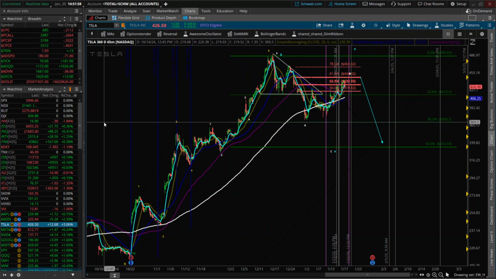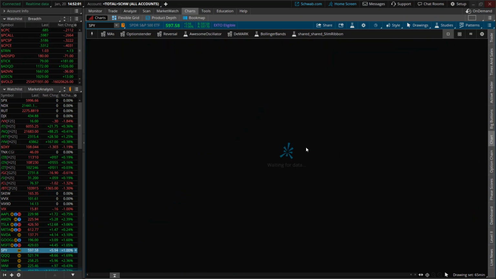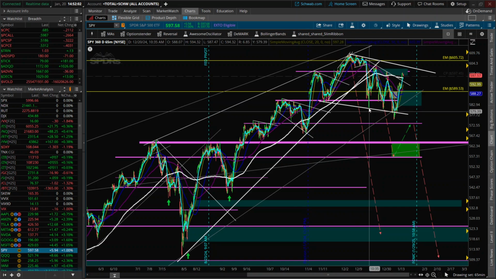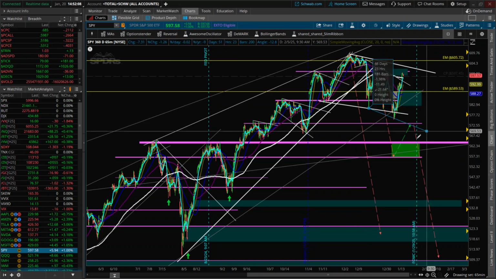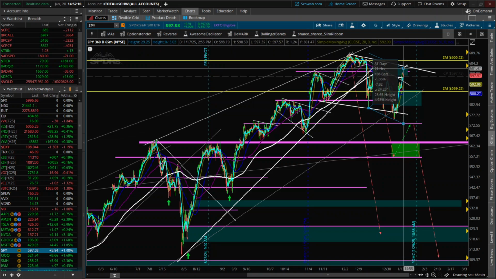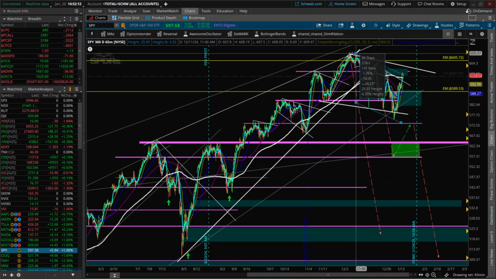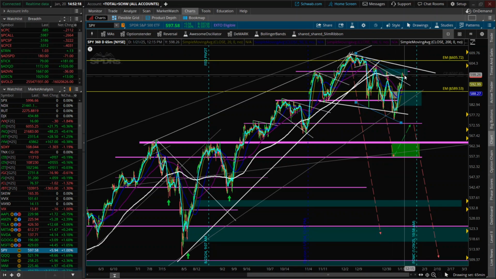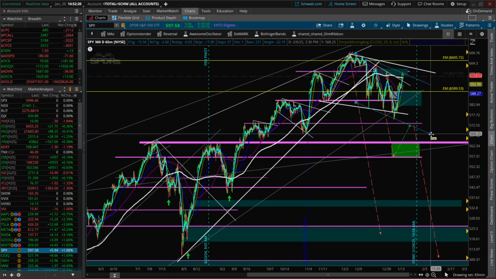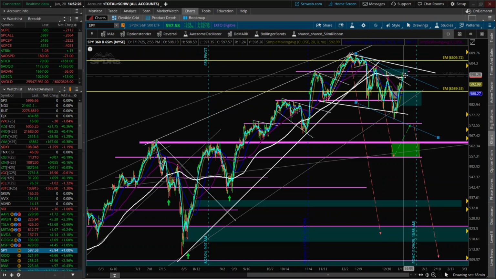So all right, now we're looking at SPY also, and I'm going to play around with this because maybe we can get a channel here that equals that same one, just like we did in the futures, where we're possibly already at the top of it. All right, so that's a possibility right there, that we're already at the top.